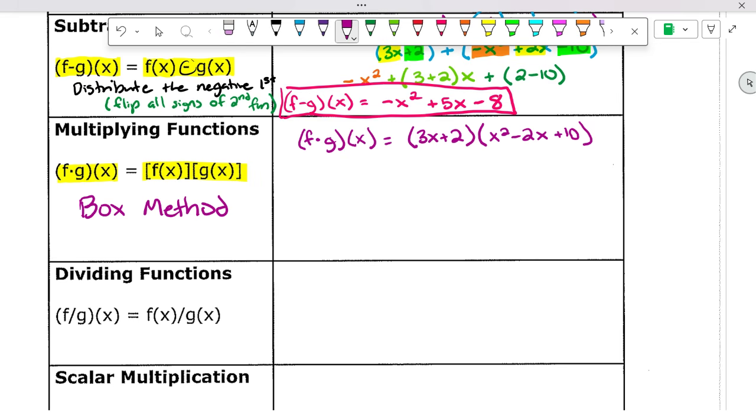Function. So there's two terms in f of x. I'm going to have 3 somewhere.